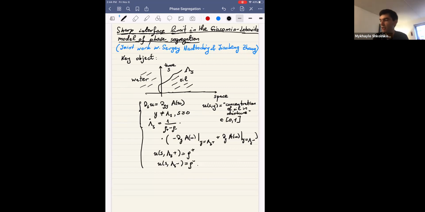So that's this long parentheses in the boundary condition. Whenever one particle of water or one particle of oil changes the phase, you have this sort of price of 1 over rho plus minus rho minus, because your concentration jumps from rho minus to rho plus as you go to the other phase.